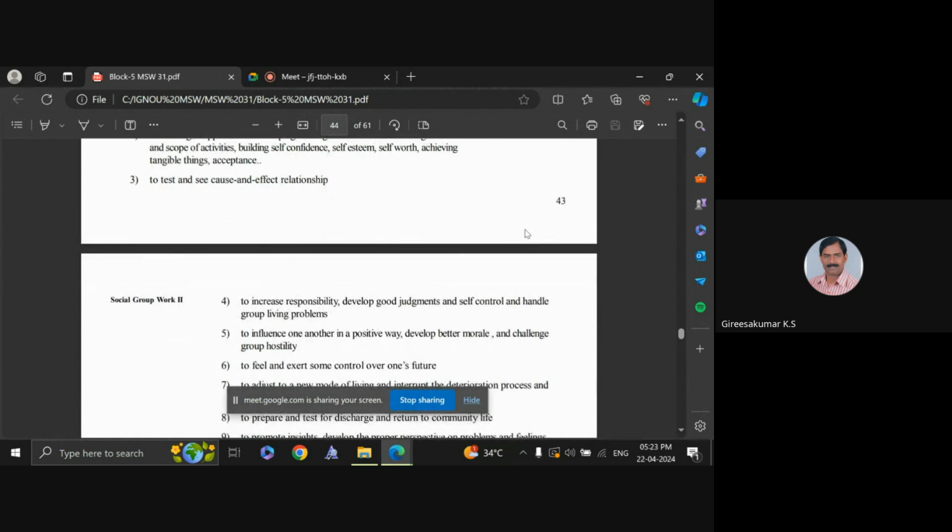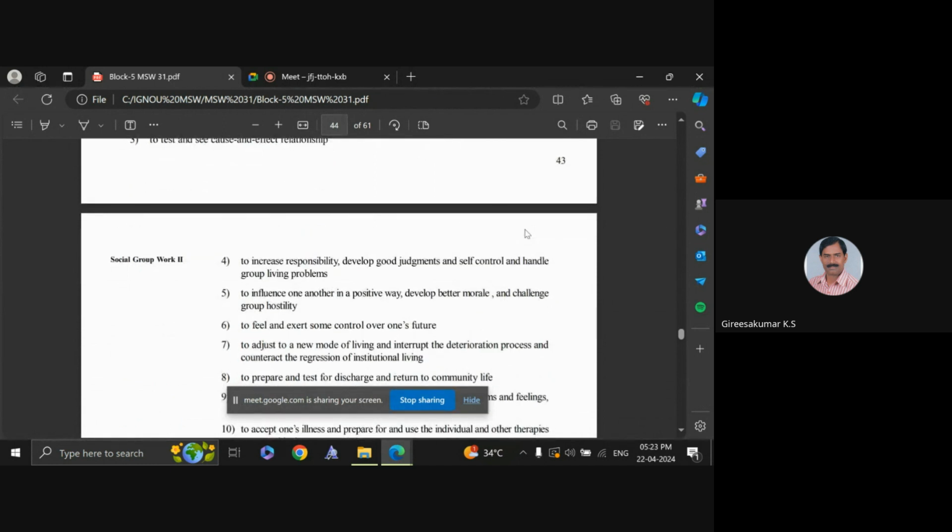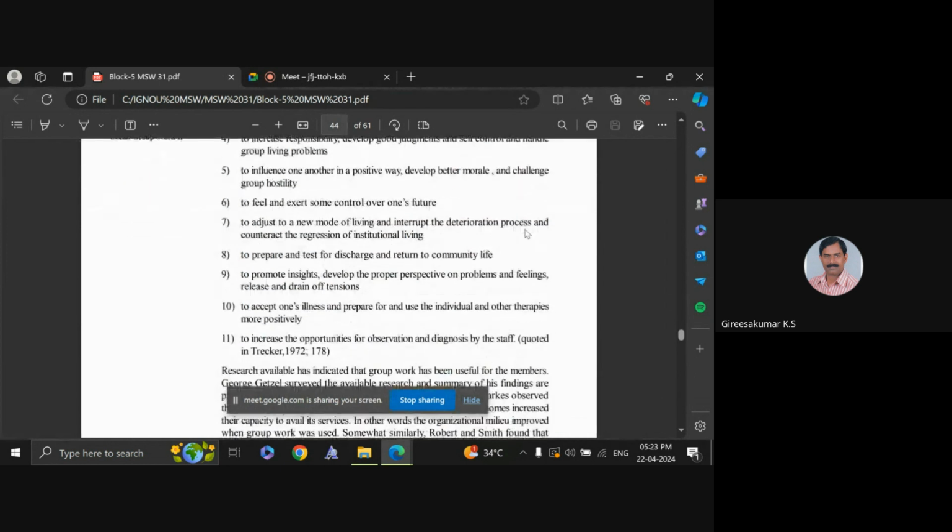Then there is increased responsibility. The mentally challenged persons are made responsible, to feel and exert some control over their future.